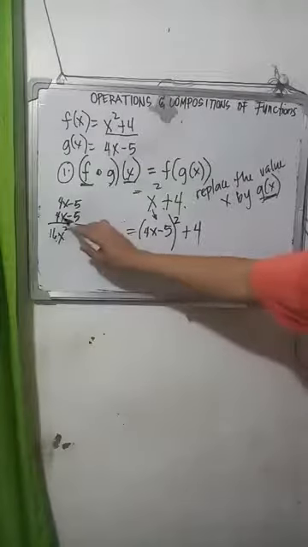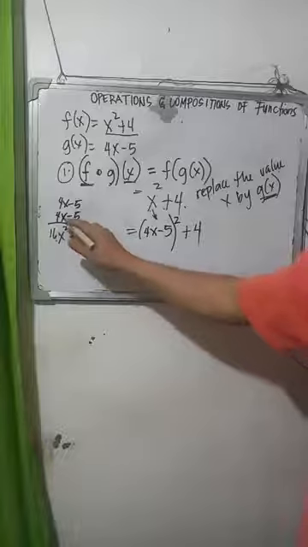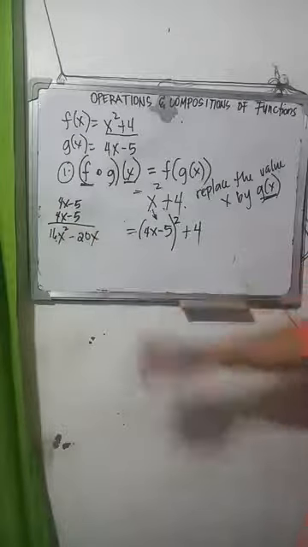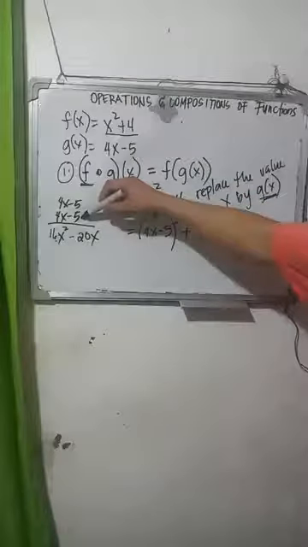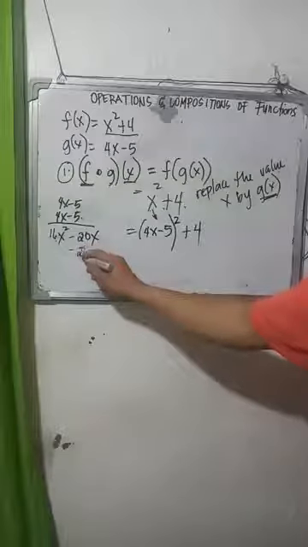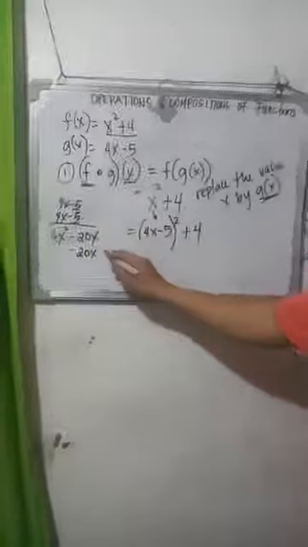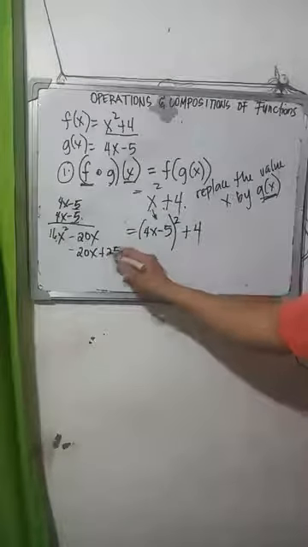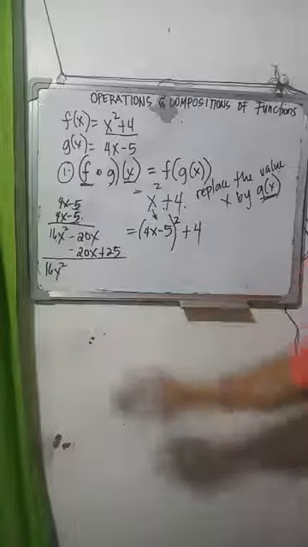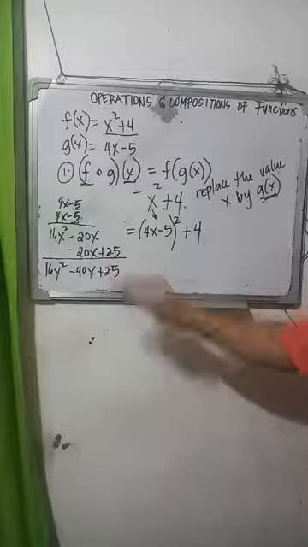Then 4x times negative 5 is negative 20x. Negative 5 times 4x is negative 20x. Negative 5 times negative 5 is positive 25. So that is 16x squared minus 40x plus 25.